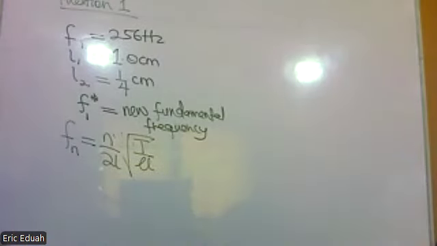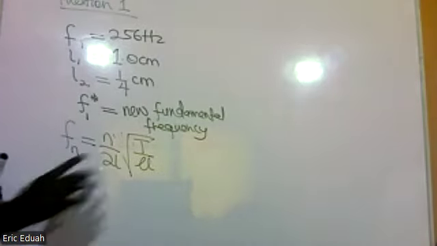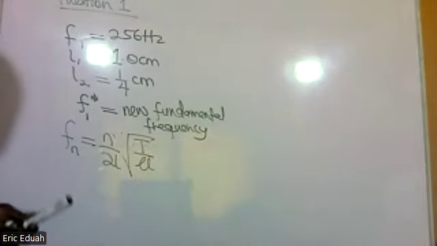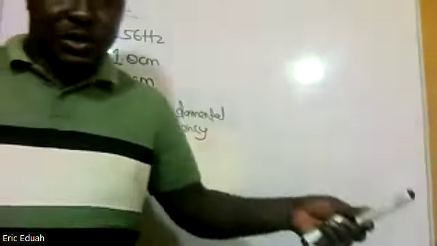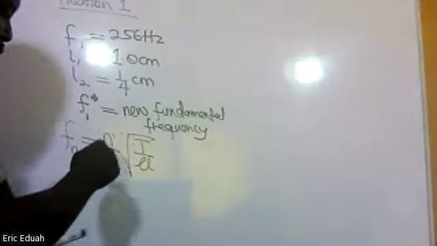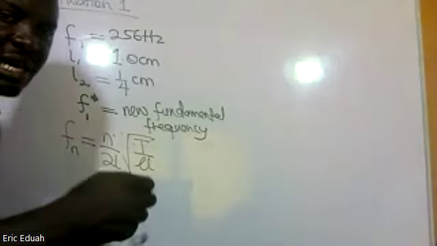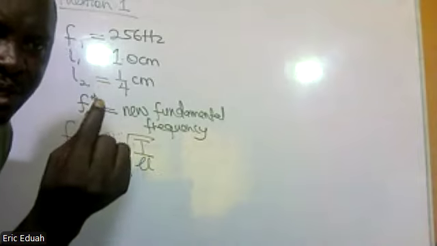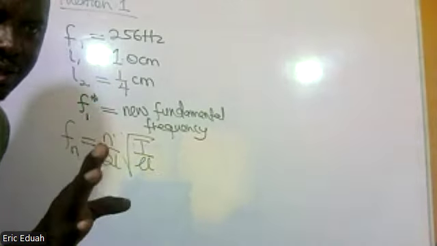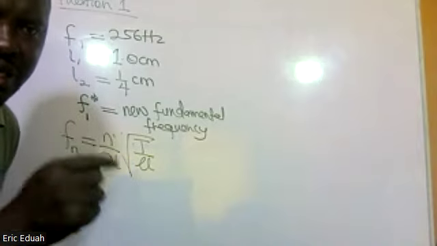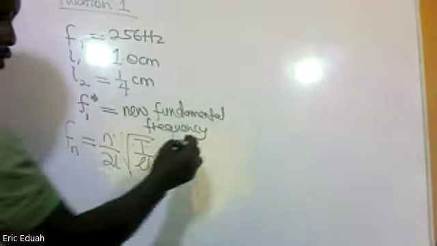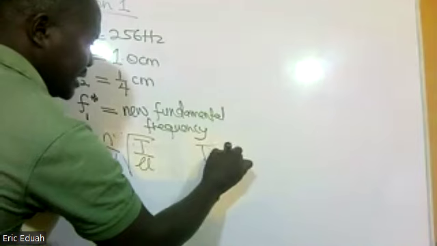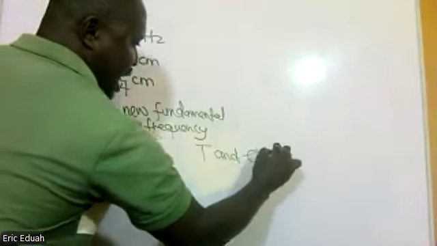So we are talking about a certain length of the string. The linear density, the mass per unit length of the string, is constant. We are told that the tension in it is also constant. So T and mu are constant.